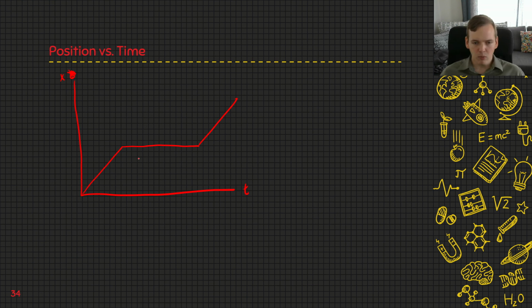Now we know from algebra or from previous math classes that I can calculate the slope of this graph. The slope is just going to be equal to change in x divided by change in t, right? Rise over run. But we've also seen that delta x over delta t is the same thing as v bar.